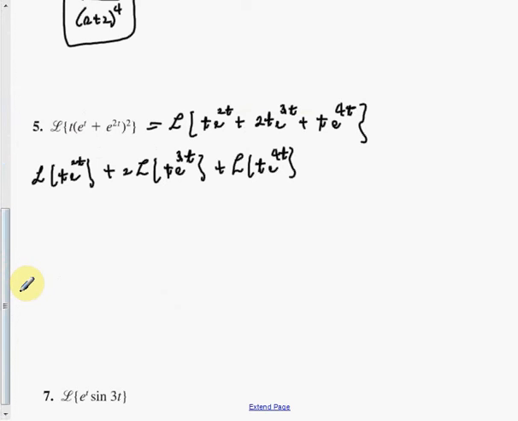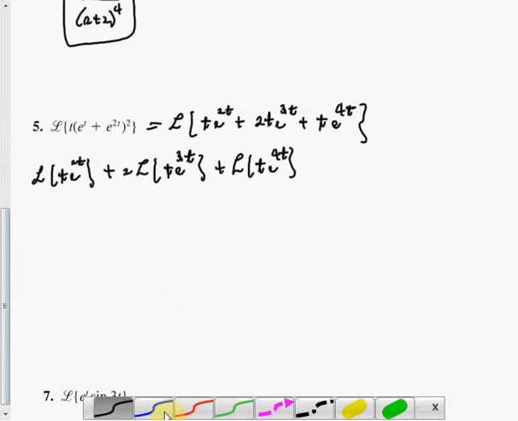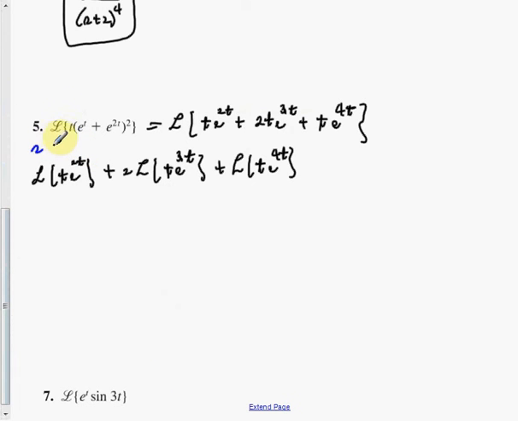The Laplace transform of t is 1 over s squared. And the translation for this first one, s is going from s to s minus 2. This one, s is going from s to s minus 3. And for this one, s is going from s to s minus 4.